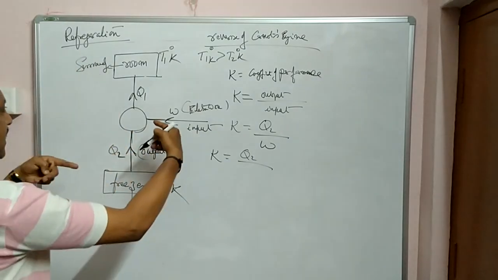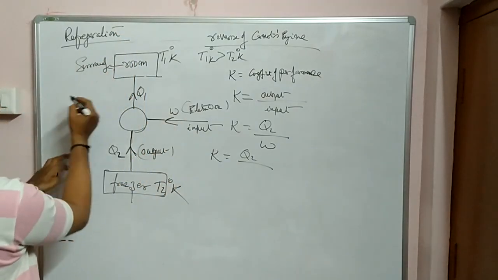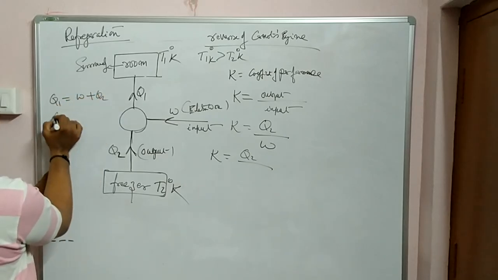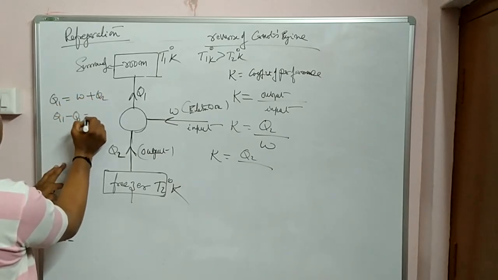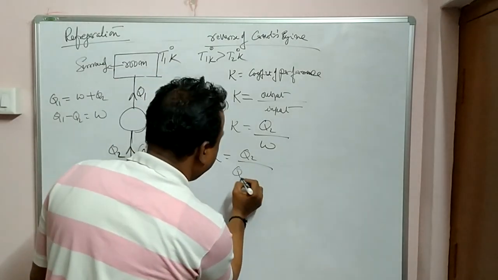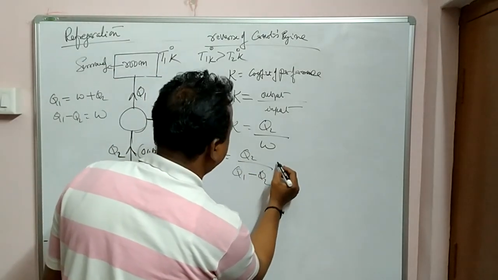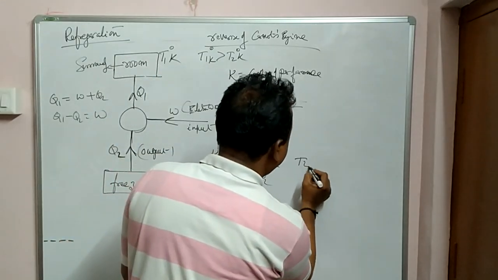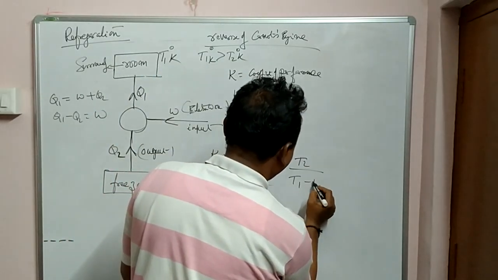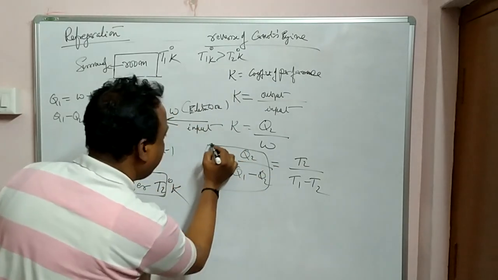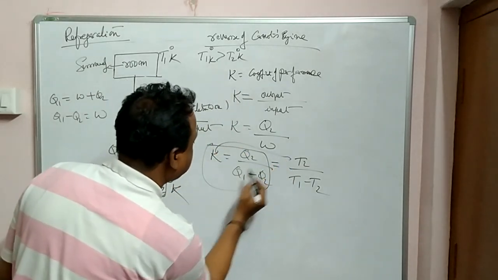You can see W and Q2 are meeting here and Q1 coming out. So Q1 is equal to W plus Q2, or Q1 minus Q2 is equal to W. Put that in place of W, so here Q1 minus Q2. This one you can also write as T2 by T1 minus T2. So you can take this equation or that equation.